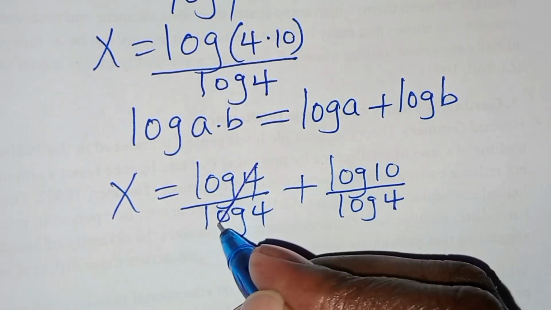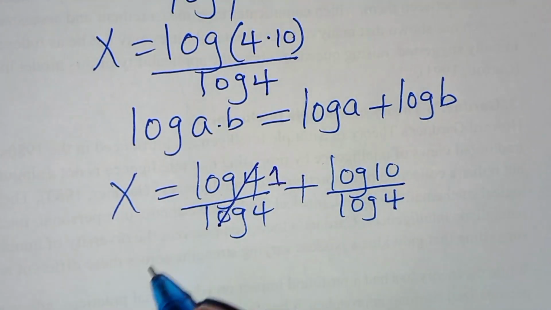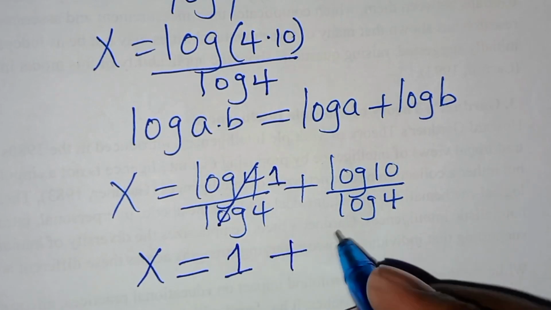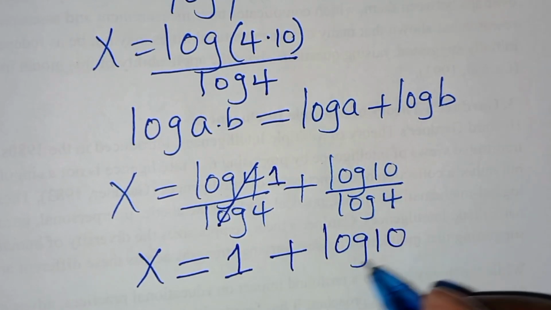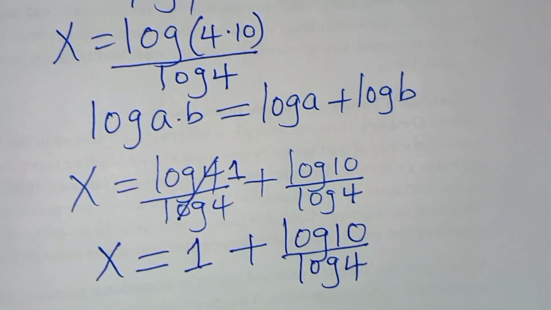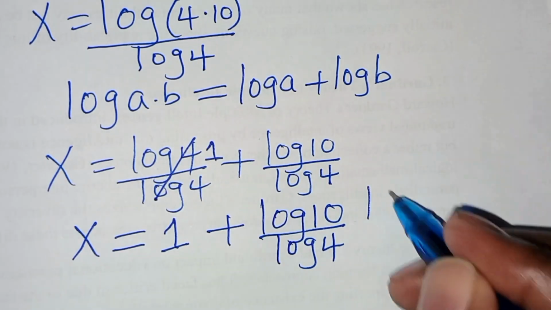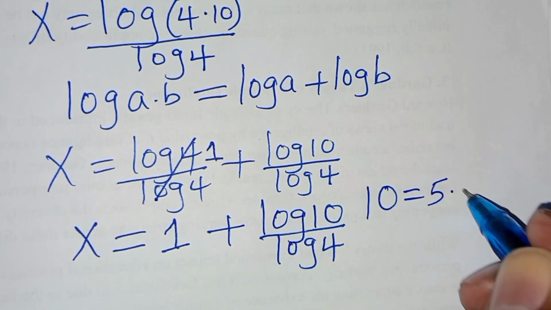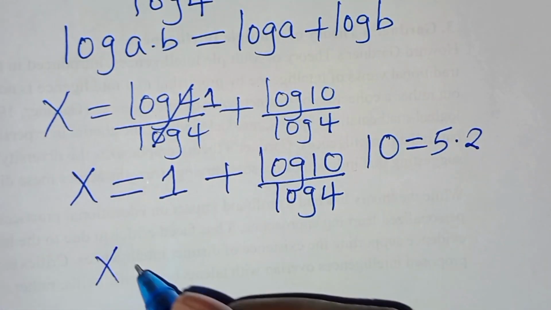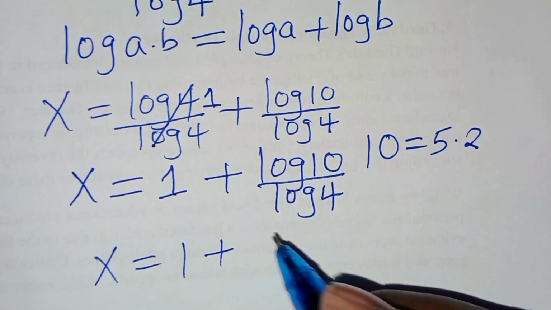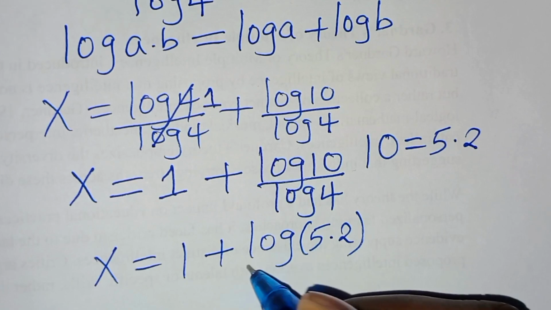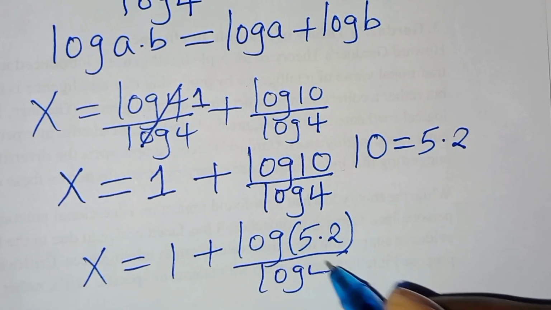So log 4 and log 4 simplifies, so this is the same thing as 1, so that x will be equal to 1 plus log 10 divided by log 4. Now the next step from here is that we can express 10 as 5 times 2. So substituting this, we'll have x is equal to 1 plus log 5 times 2 divided by log 4.